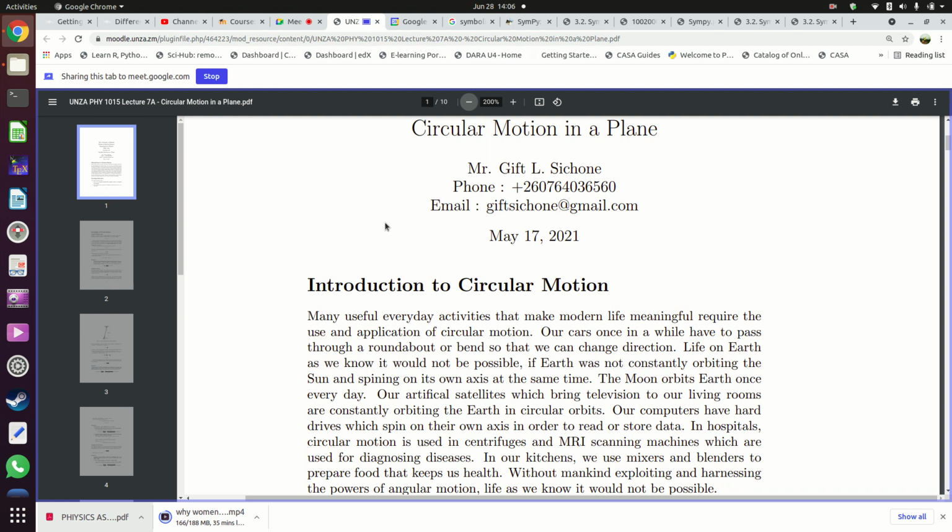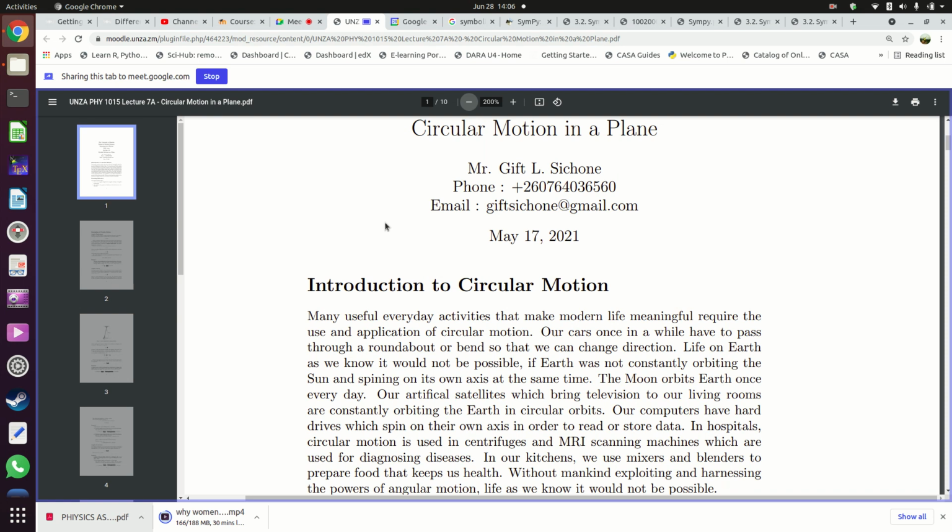Life itself: if our planet was not going around the sun, if it was just seated there, then life wouldn't be possible on Earth. But throughout the year, the Earth is constantly moving in a circle around the sun.